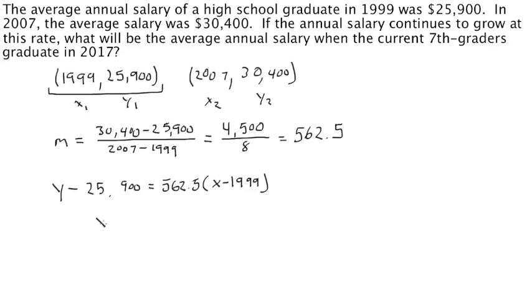So we have y equals, if we multiply everything out, 562.5 times x minus 1999 times 562.5, which we find out is this fun number. Again, we're just using our calculator here. And then we need to add 25,900 to both sides.